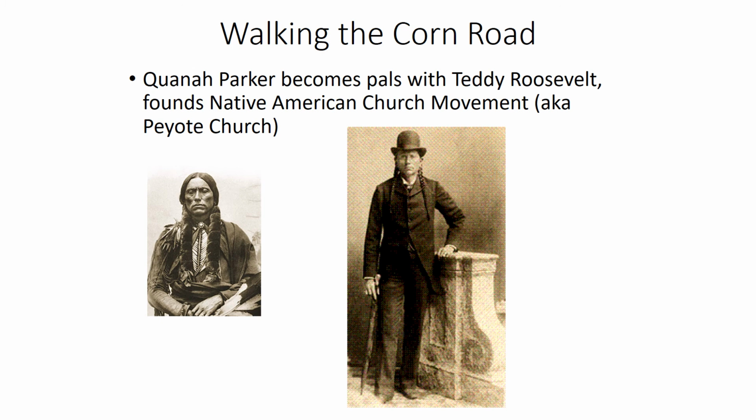And so the Southern Plains tribes, the lords of the plains, were no longer masters of their own destiny and their own territory and their own way of living, no longer living on the buffalo. Rather, as some of the native people put it, they were now being forced to walk the corn road to become farmers, which is something that the U.S. government frequently did.